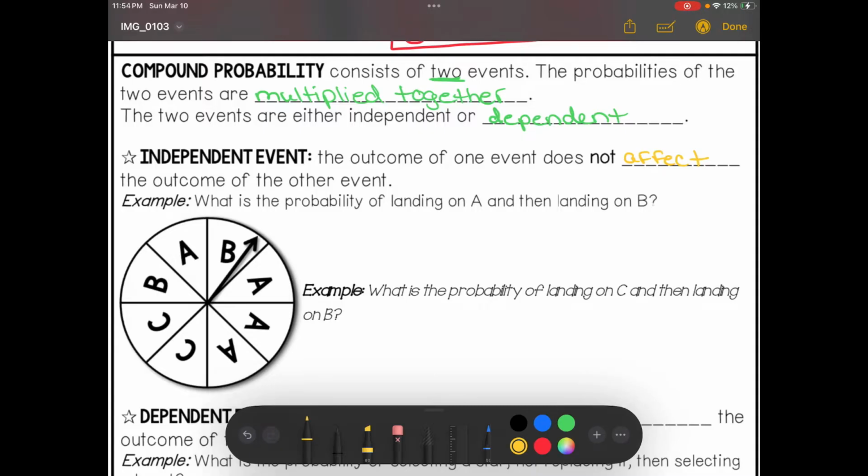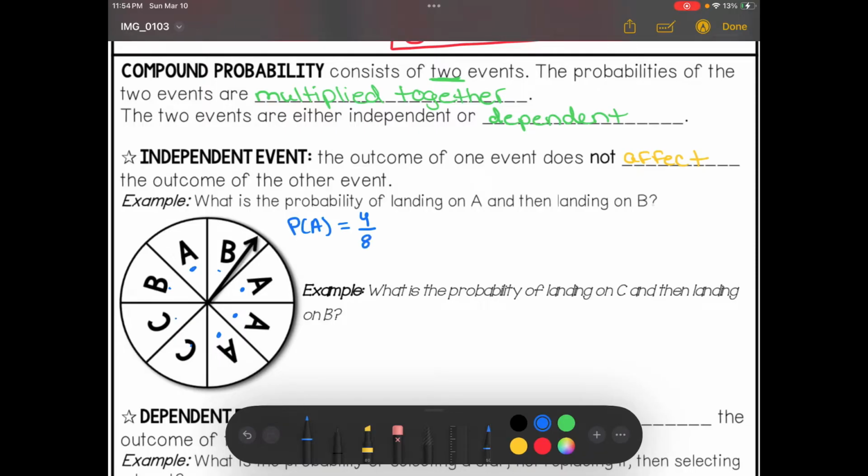Here's an example. What is the probability of landing A on the spinner and then landing B on the spinner? So first, we're going to write down the probability of landing A. The probability of landing A would be 1, 2, 3, 4 A's out of 1, 2, 3, 4, 5, 6, 7, 8. 4 out of 8.